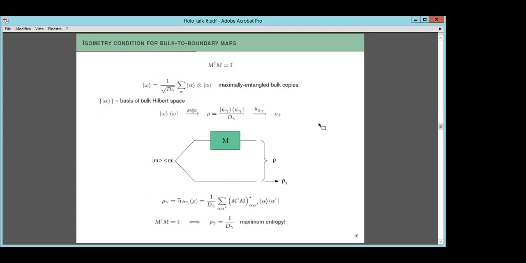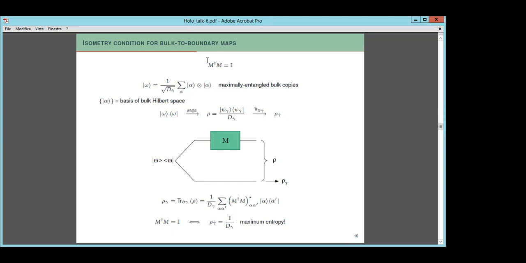Now, we have seen that every spin network graph represents a map from the bulk degrees of freedom to the boundary degrees of freedom, and we want to study the properties of this flow of information. In particular, we ask if it is an isometry, so if the map satisfies this condition.